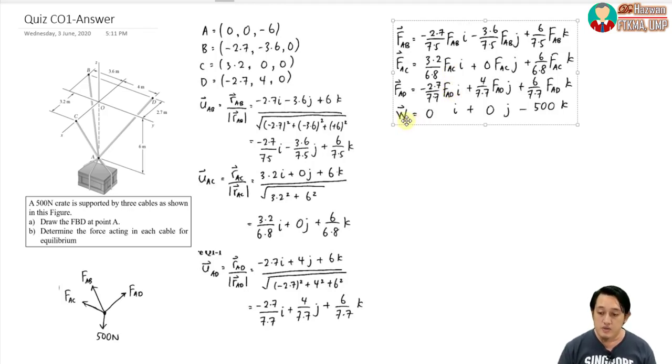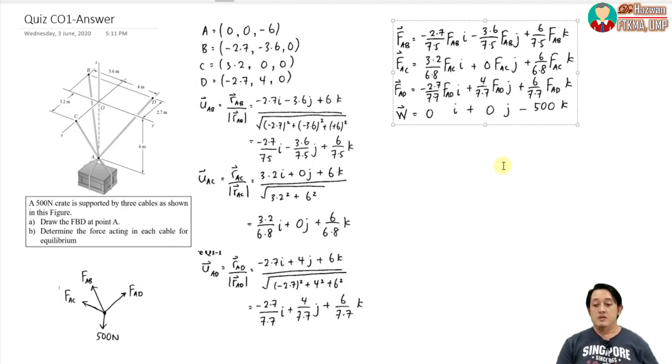For the weight W here, the weight is pointing downwards, as shown in this free body diagram. So that's why we have this one, Z direction, -500 K. The weight here isn't pointing towards the X direction, so it is 0i, and it is not pointing towards the Y direction, so it is 0j.